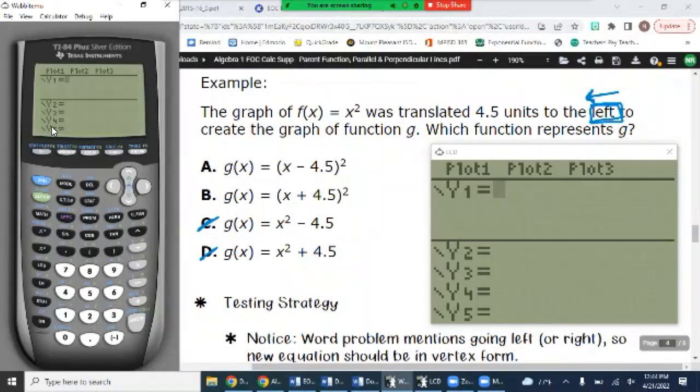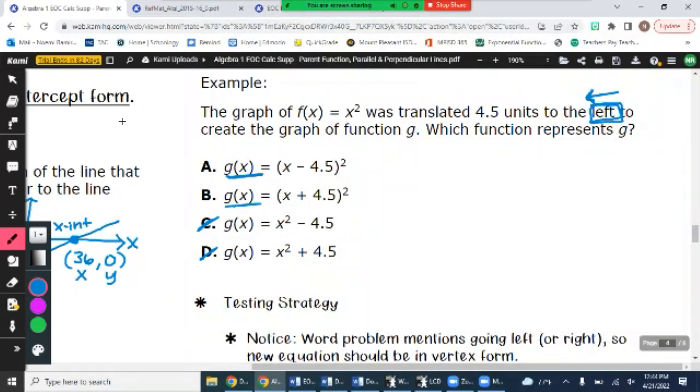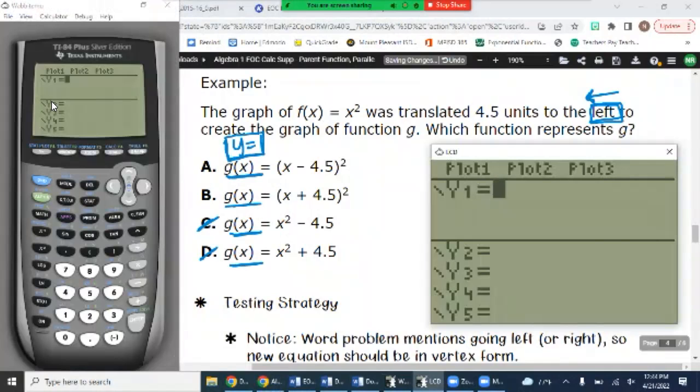Make this go faster. Now, look at all of the rest of your equations. Everything has G of X. G of X can easily be replaced with Y equals. So here we go. Type in your parentheses, X minus 4.5, put a little squared back there.